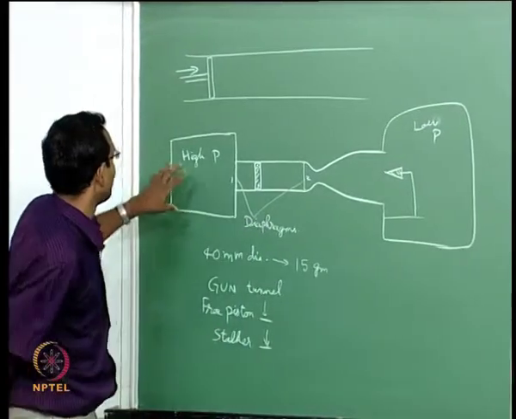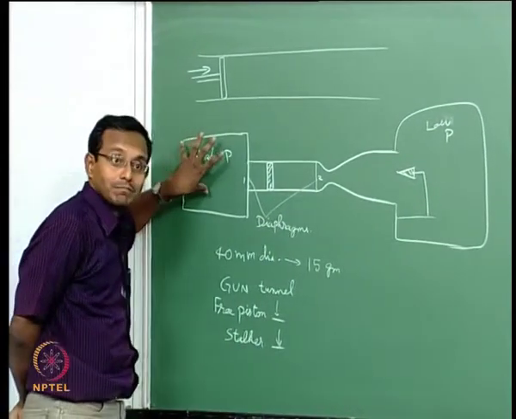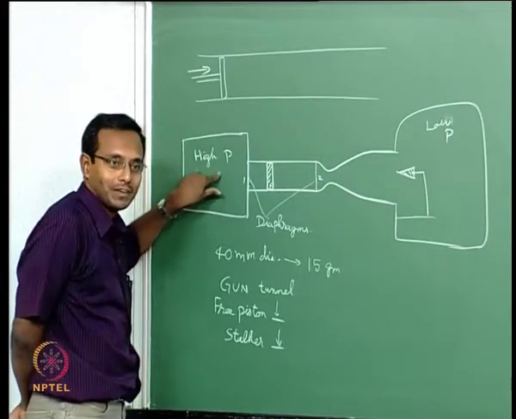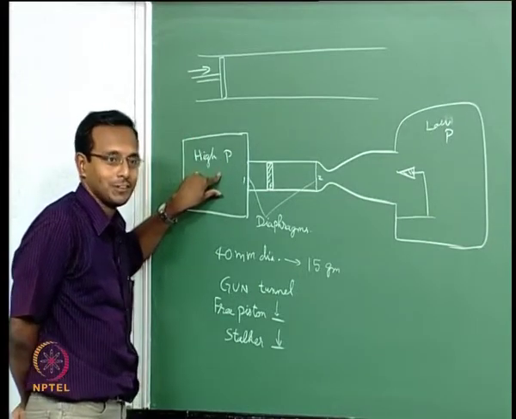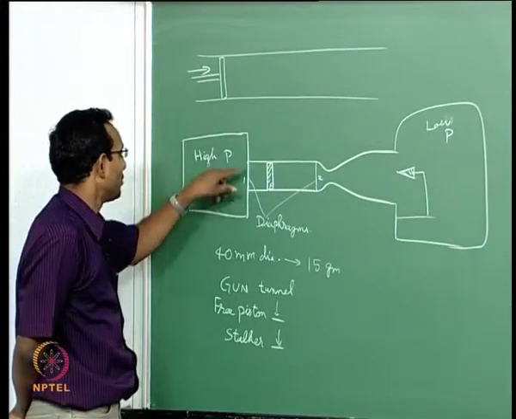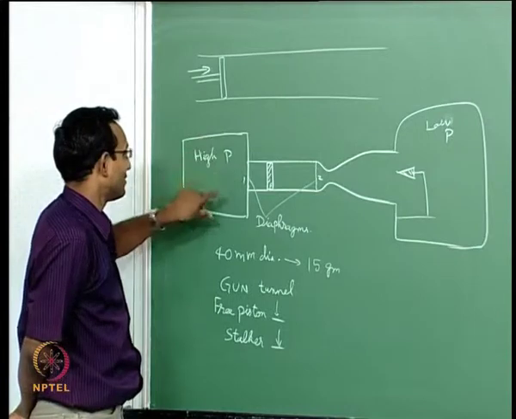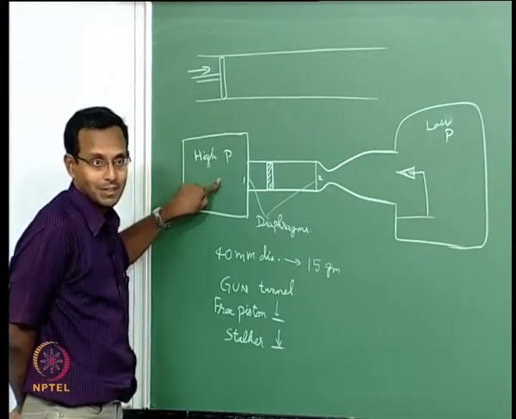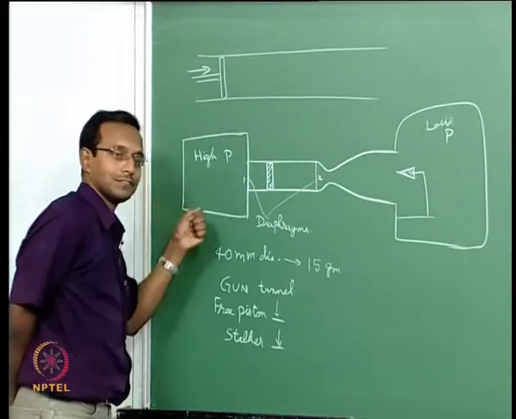I can think about the same free piston facility, but with high pressure being created by a combustible mixture which is ignited suddenly, right. It is constant volume combustion. There is a tank which has high pressure, high temperature gas which is combustible and I am going to ignite it.